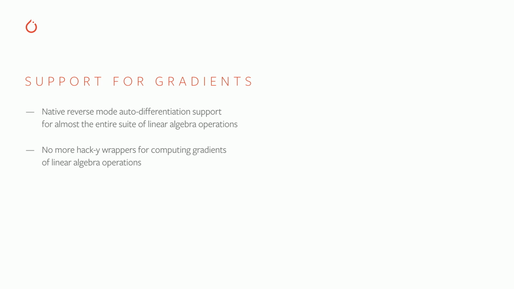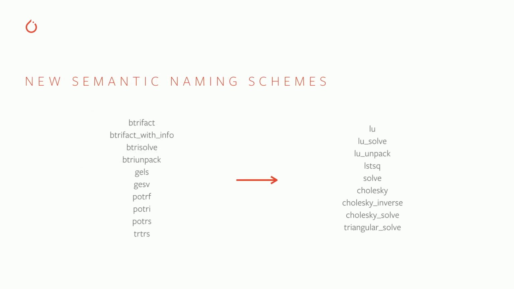And the most important change that I have in store for you is new semantic naming schemes. LAPACK did an amazing job of providing us a very generic naming scheme. You had very interoperable naming schemes for complex operations expressed within 5 letters, right?